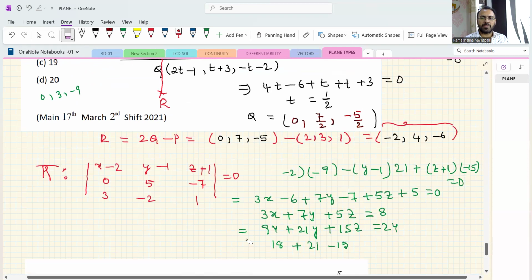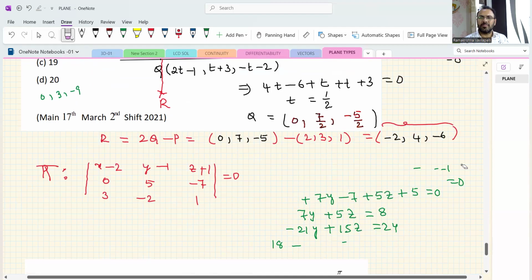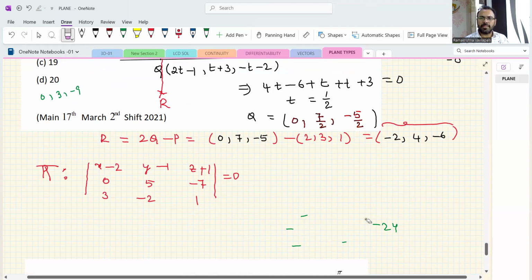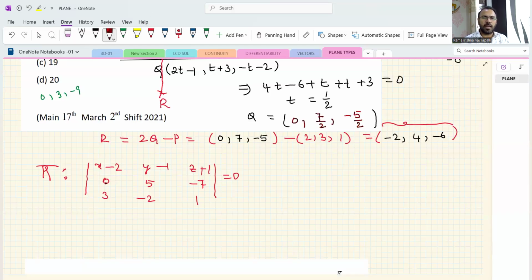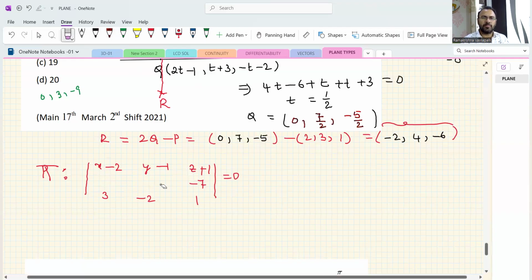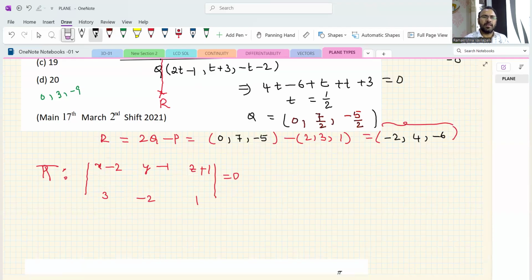Now I'll remove this. If one mistake is done, instead of plus or minus, the entire solution will be gone. Now here you see this is minus 2 minus 2, that is minus 4. Here we get minus 4. 4 minus 1, 3. Substitute this point.